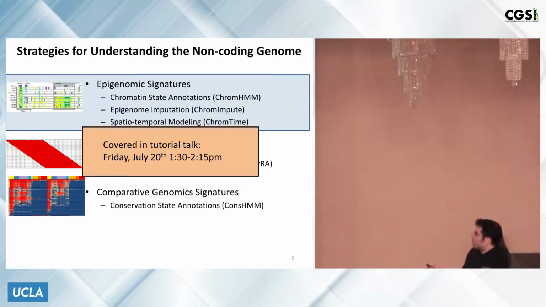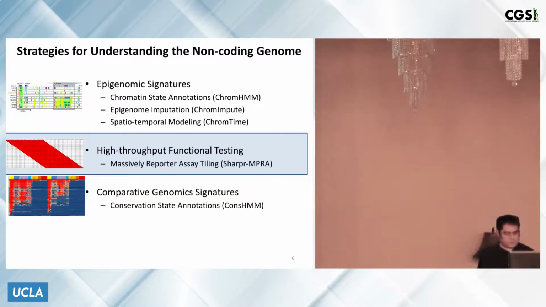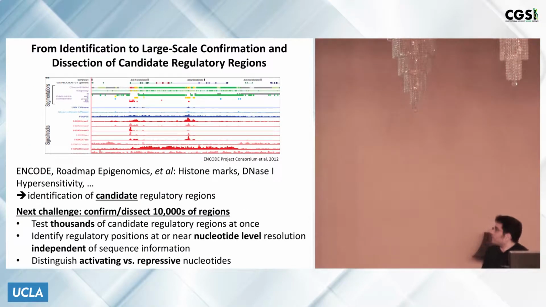This first part I'm going to skip today because it will be covered in my tutorial talk next Friday at 1:30 p.m. So you'll hear about some of the methods that I've developed and related work in the field for taking epigenomic data and annotating the genome based on that. But today I'm going to focus on these last two parts, the work on massively parallel reporter assays and some work on comparative genomics conservation state analysis.